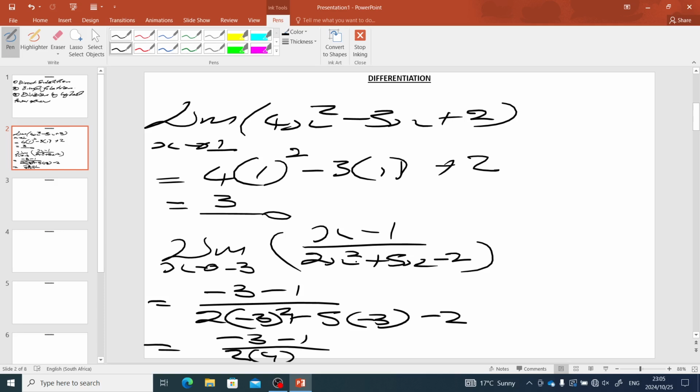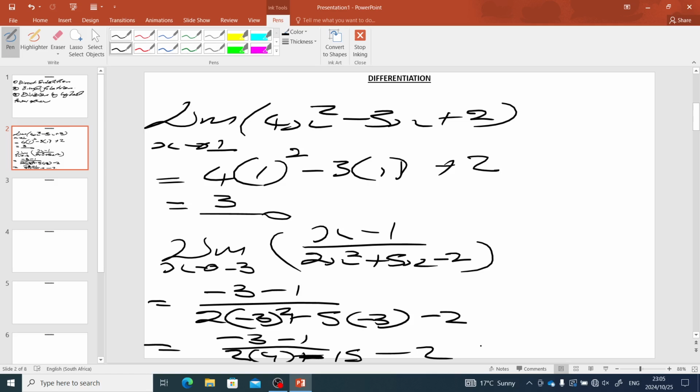3 multiplied by 3 will give us 9. Still dealing with the denominator, it will actually be minus 15 minus 2.